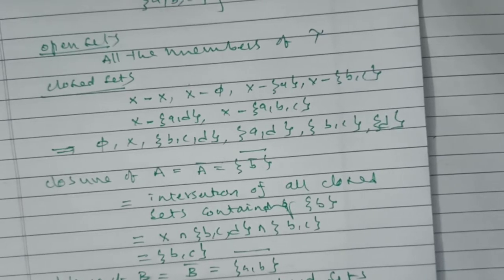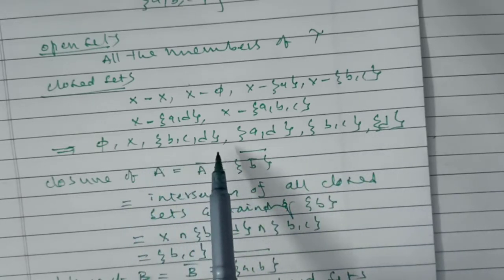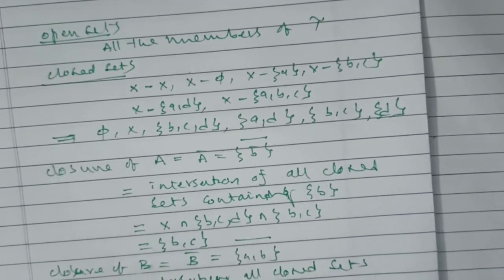X must be containing {a, b} in the closed sets. No other one is there containing both a, b, so only X itself. This implies B bar is equal to X.